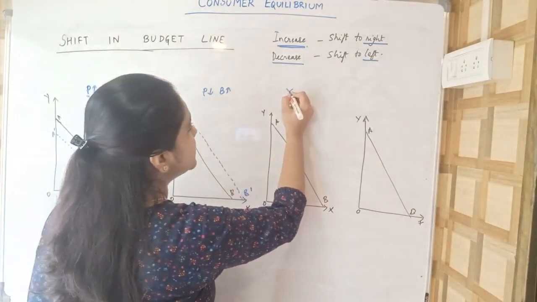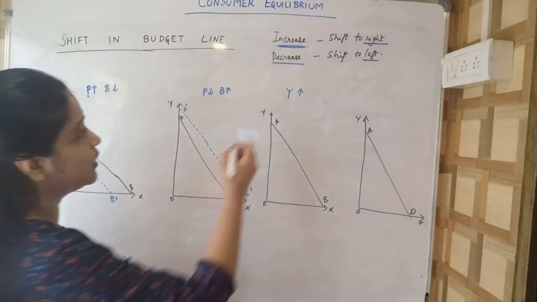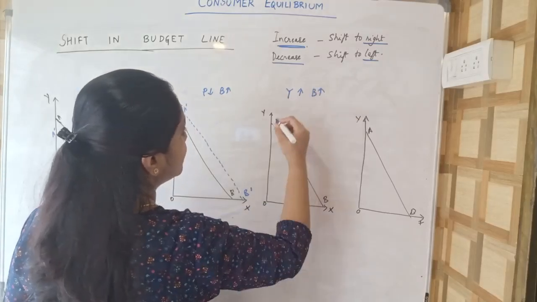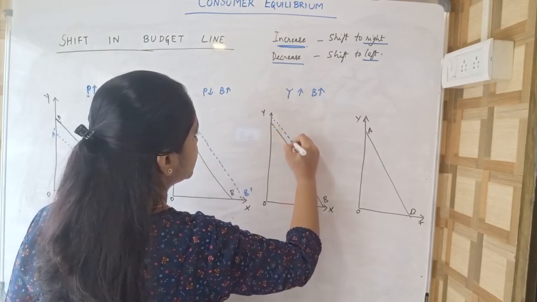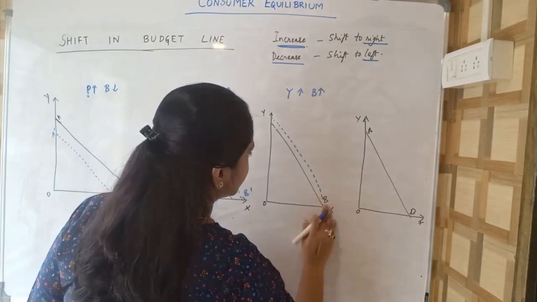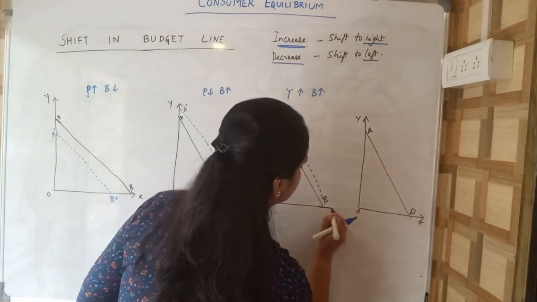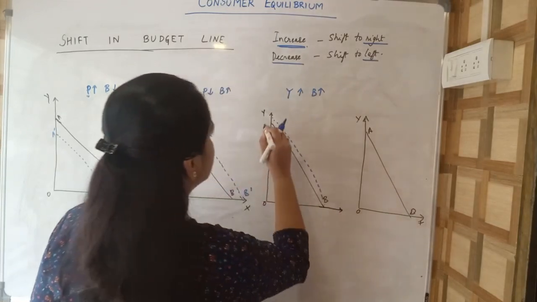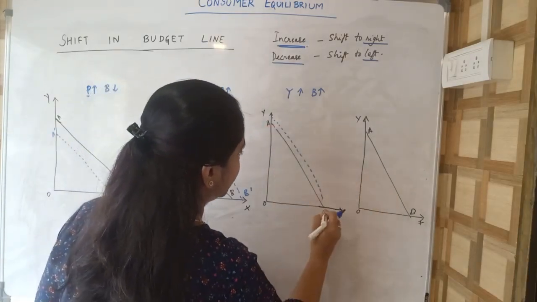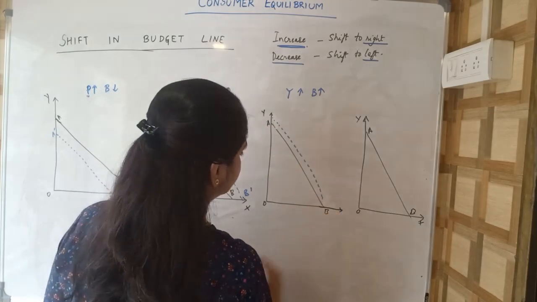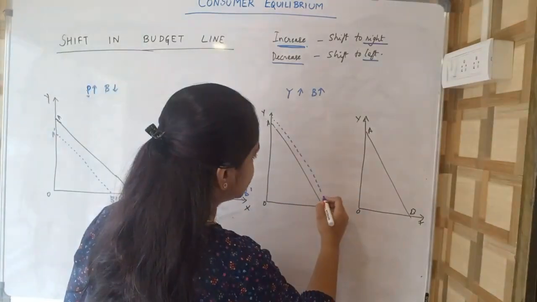What happens in the situation of income rising? If income rises, definitely budget will also increase. If income rises, budget shifts to the right hand side. Yes, so this is A and B budget line, A and B. It's very important to mark the axis in economics.